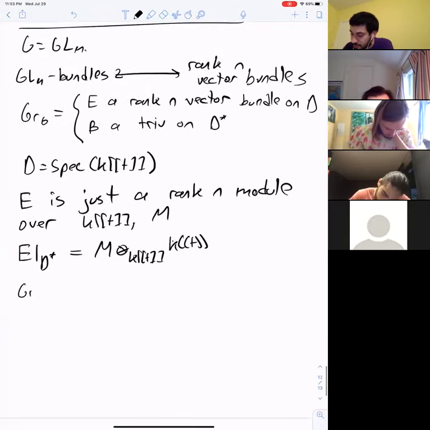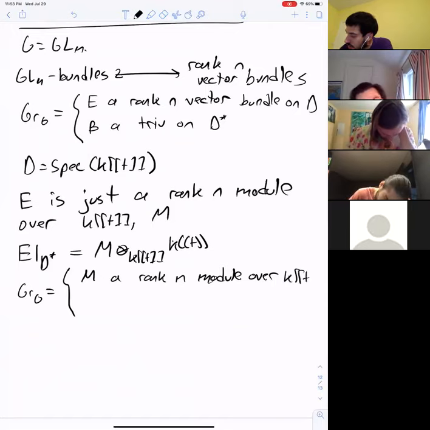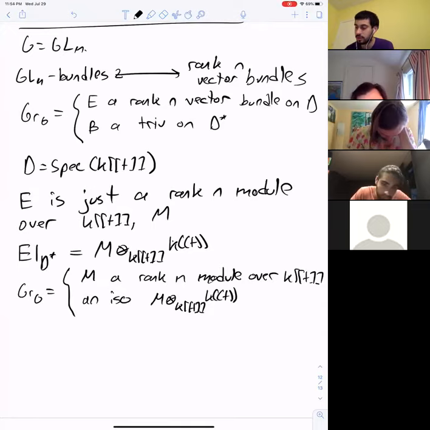So we get maybe definition 3 of the affine Grassmannian: M a rank N vector bundle. No, that's exactly what I don't want. A rank N module over power series plus an isomorphism of M tensored with power series over Laurent series with the trivial rank N vector bundle on D star.